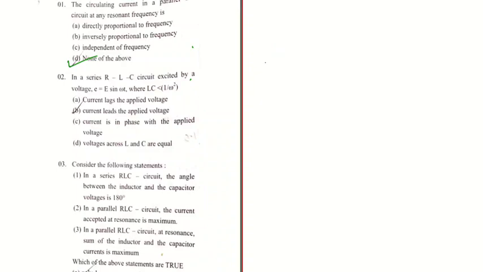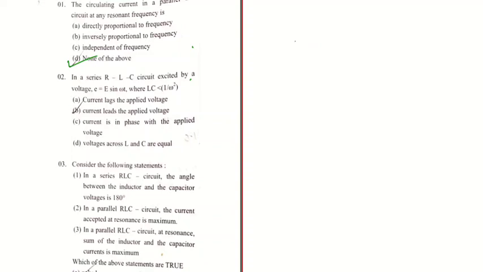By a voltage E is equal to E sin omega t, where LC is less than 1 divided by omega square. We have to find out if the current lags the applied voltage, leads the applied voltage, is in phase with the applied voltage, or the voltage across inductor and capacitor are equal.